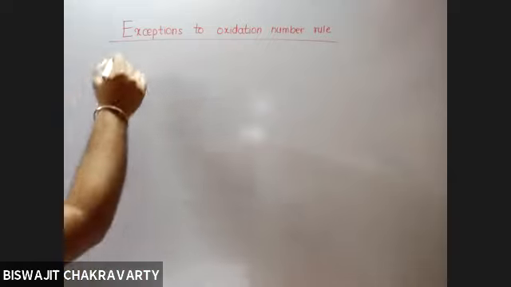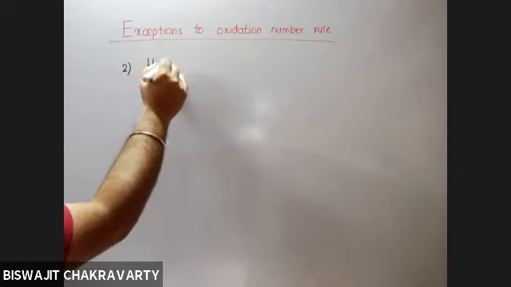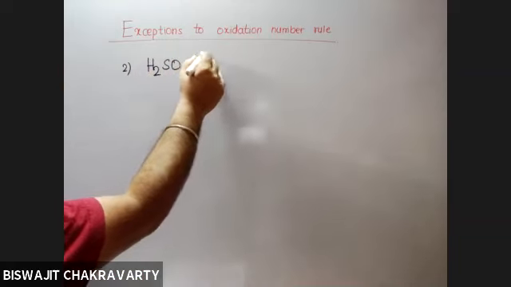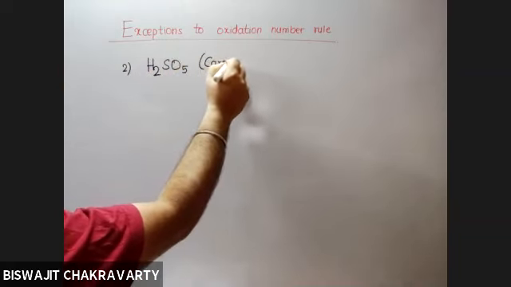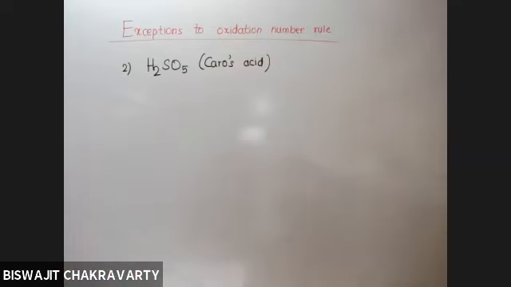Number 2, H2SO5, which is also called Caro's acid. Caro's acid. Now tell me first, by normal method, how much the oxidation number of sulfur comes out to be?